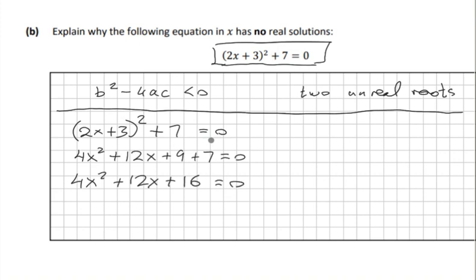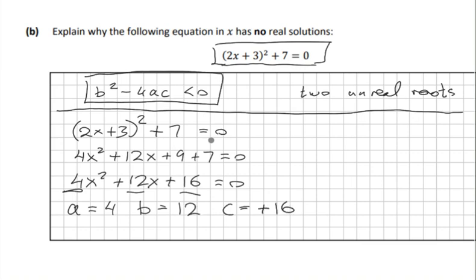Now we can obtain a, b, and c for our discriminant. A is equal to 4, b is equal to plus 12, and c is equal to plus 16. Now let's do b squared minus 4ac and check whether this condition holds true for these numbers.